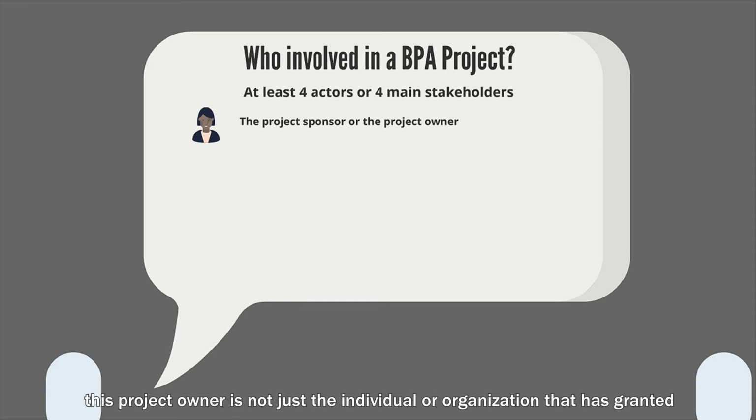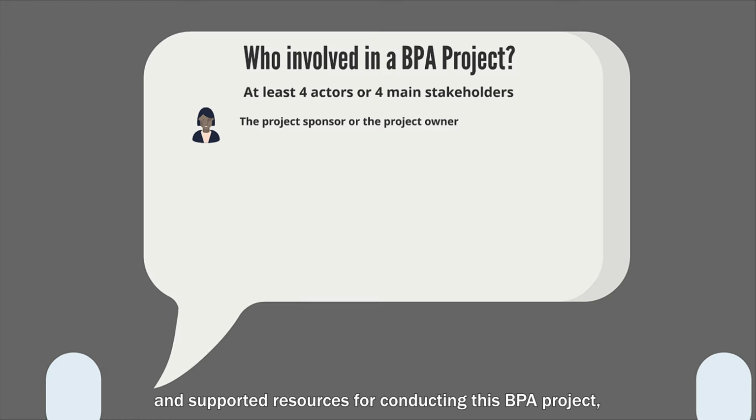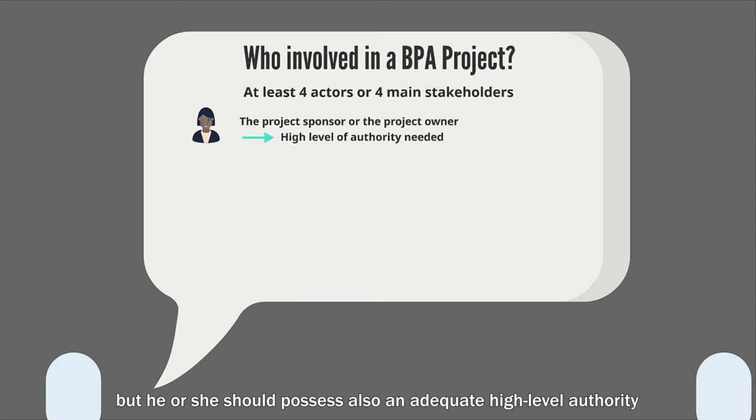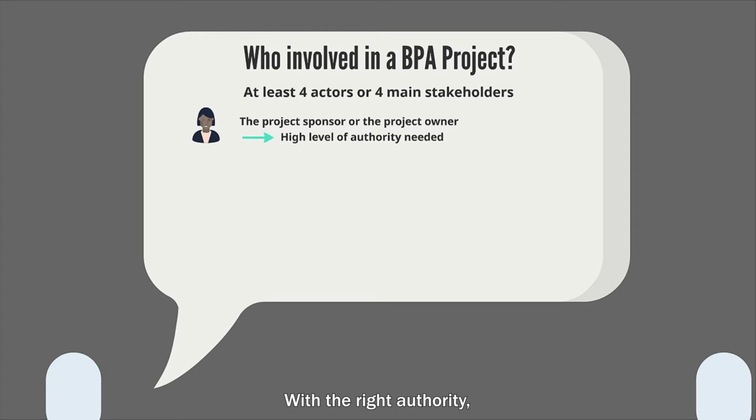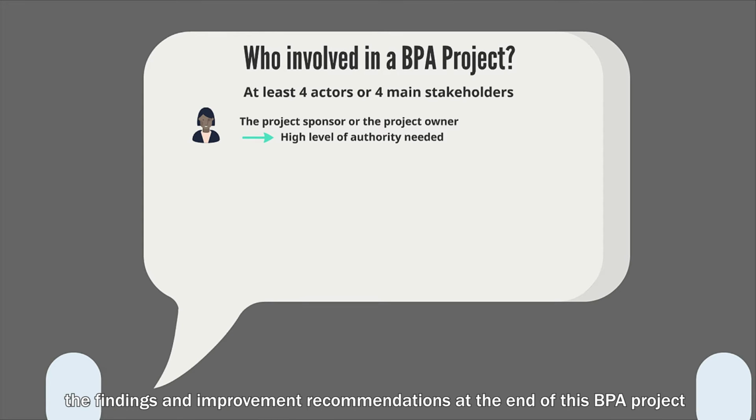This project owner is not just the individual or organization that has granted and supported resources for conducting this BPA project, but he or she should also possess an adequate high-level authority to take ownership of the BPA study outcome. With the right authority, the findings and improvement recommendations at the end of this BPA project should be formally considered, pushed, and escalated for actual implementation.